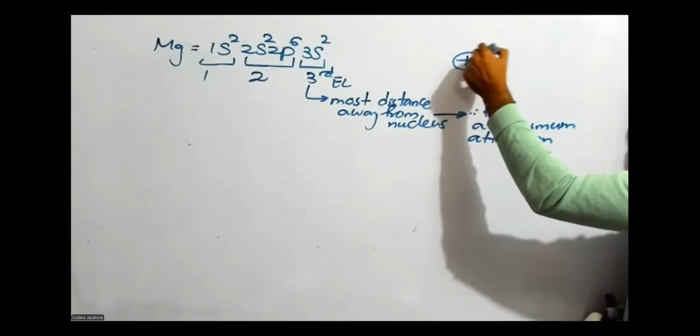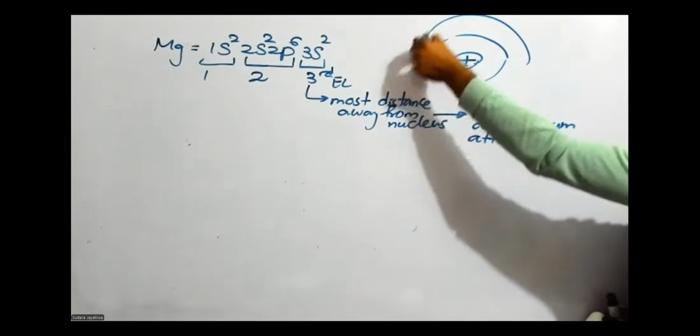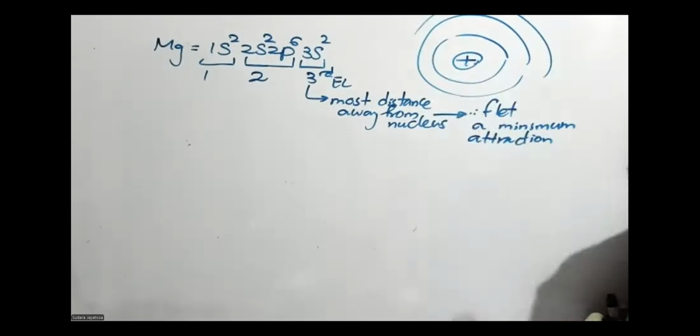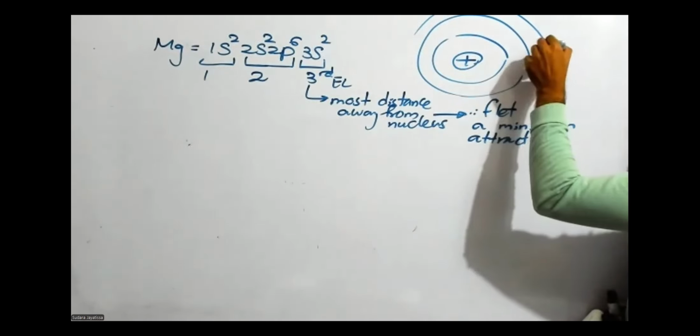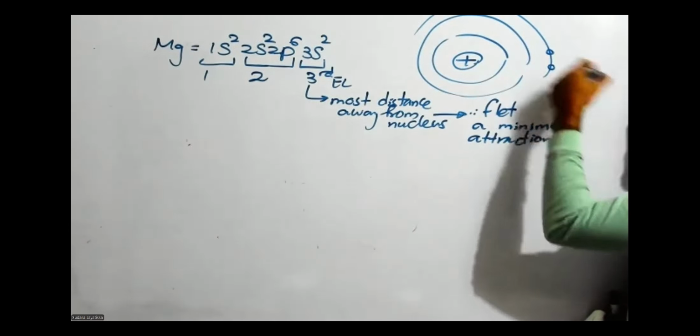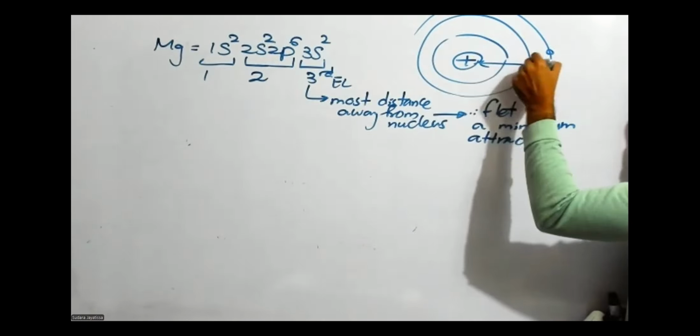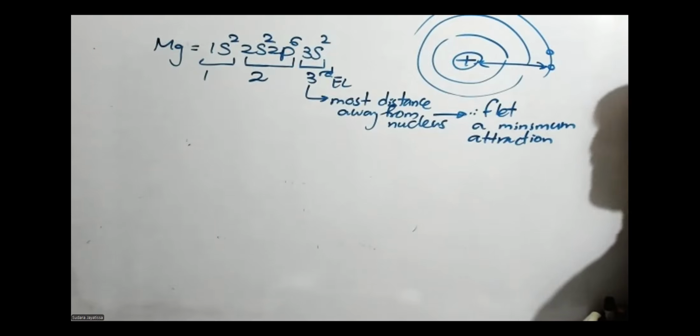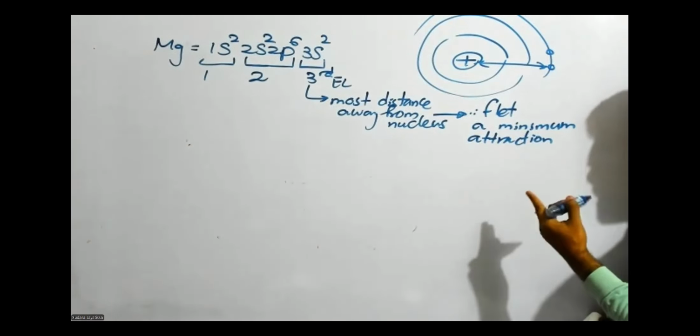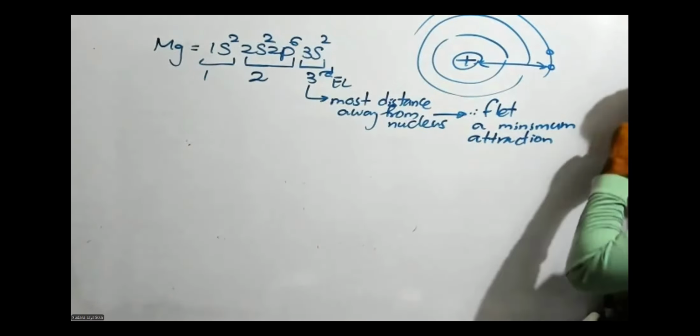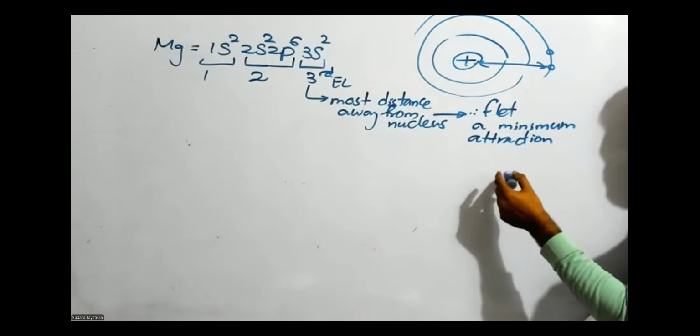If you draw this according to the Bohr model, it is easier to understand. These last 2 electrons are located away from the nucleus, so much distance is there. When the distance is higher, attraction is lower, because this happens according to Coulomb's law.